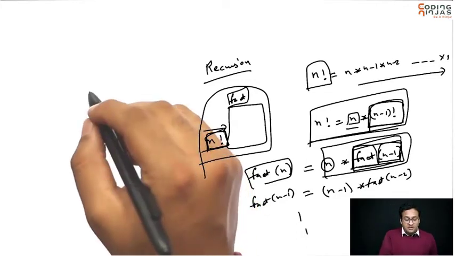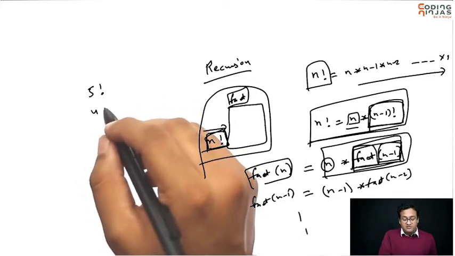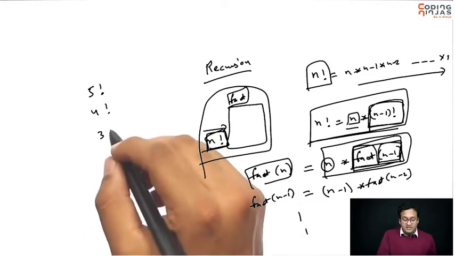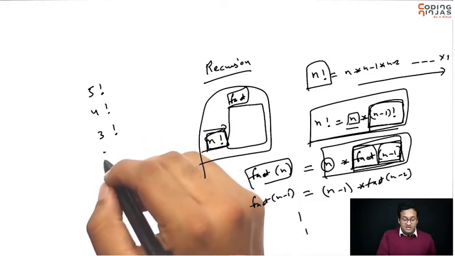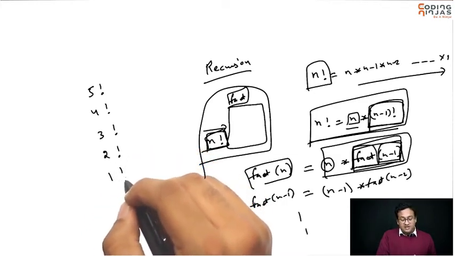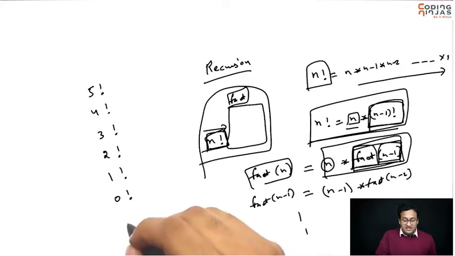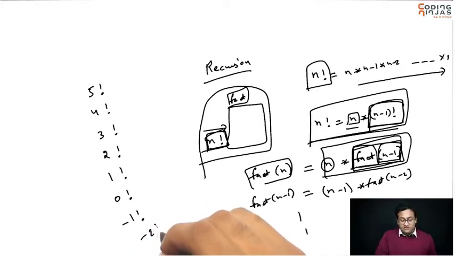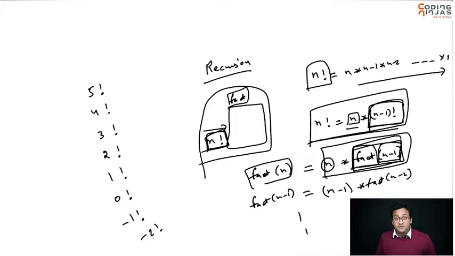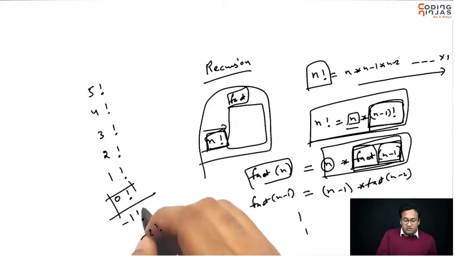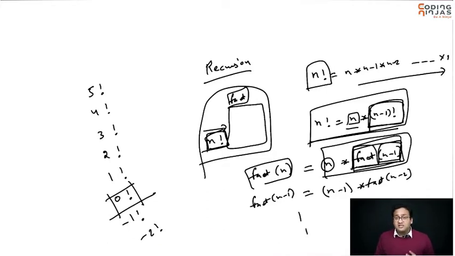So for example, if I say find 5 factorial for me and then you say, oh, I can find 5 factorial if you find 4 factorial for me, then I say for that I need 3 factorial, then I say for that I need 2 factorial, then for that I need 1 factorial, for that I need 0 factorial, then I'll say I need minus 1 factorial, minus 2 factorial. There is no stopping that. So we can't keep going like this. We have to stop somewhere and say, oh, this is very easy. This I already know, so let me just return the output corresponding to 0 factorial.